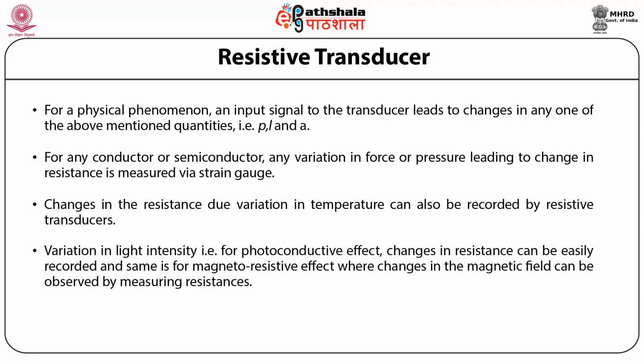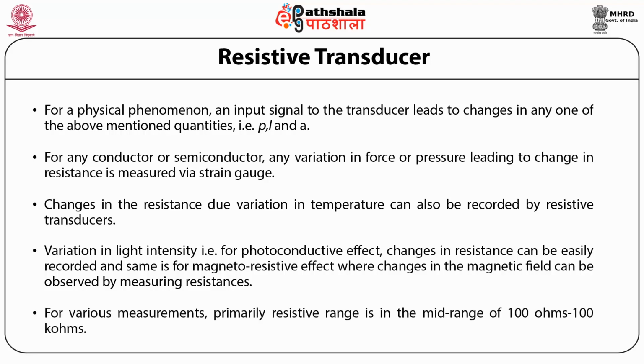For variations in light intensity, that is the photoconductive effect, changes in resistance can be easily recorded, and the same is true for the magnetoresistive effect, where changes in the magnetic field can be observed by measuring resistances. For various measurements, the resistive range is primarily in the mid-range of 100 ohms to 100 kilo ohms.